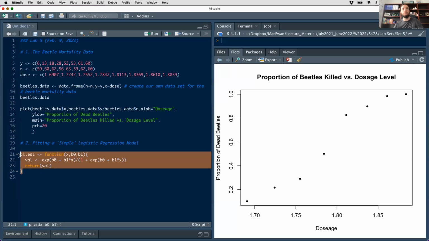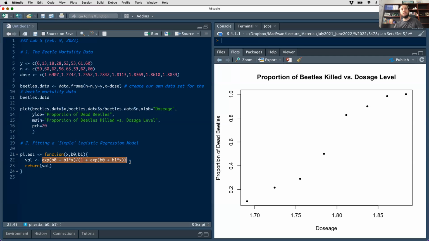So this first function is simply going to allow me to compute the value, which I called pi est, based off of this expression, which is given in the log likelihood function and the score functions for beta 0 and beta 1. So this computes pi hat given B0 and B1.